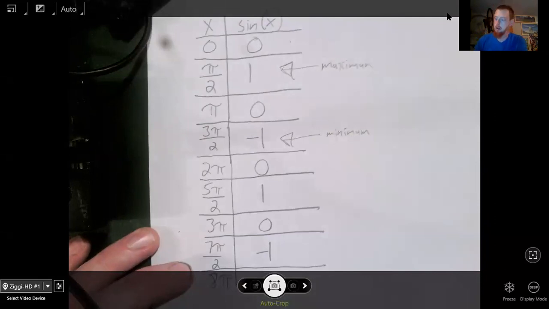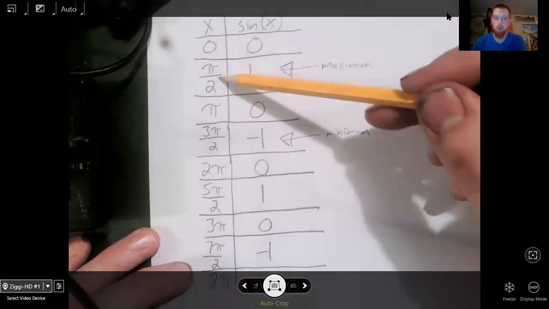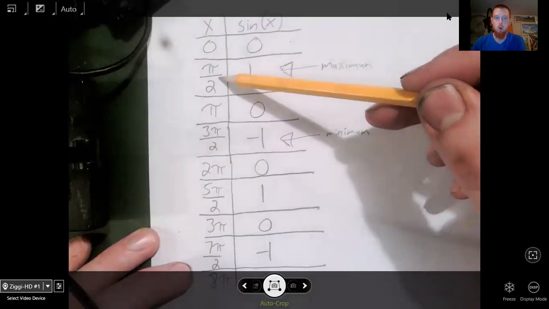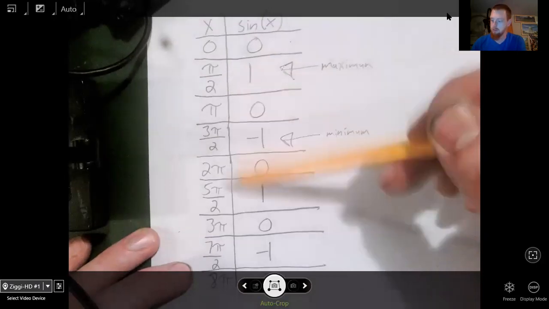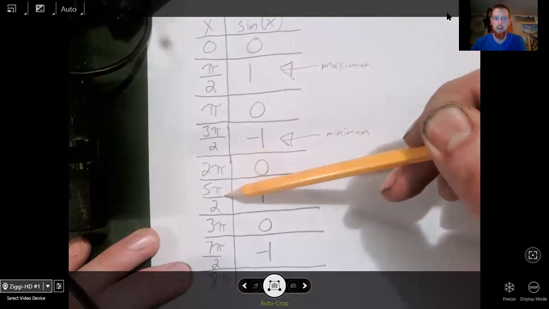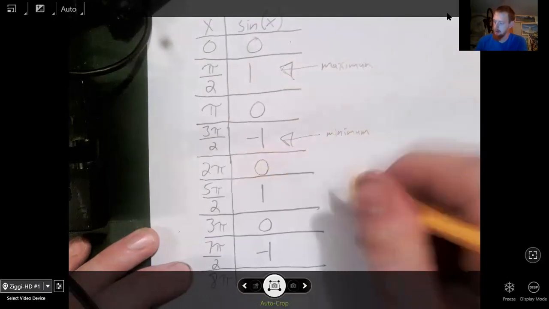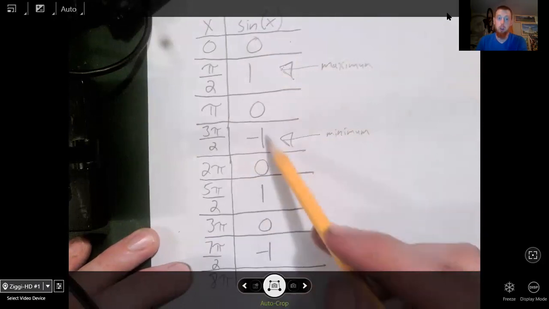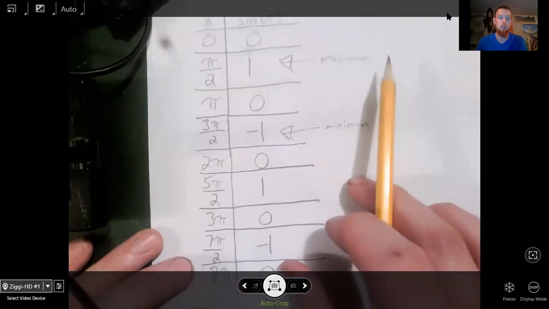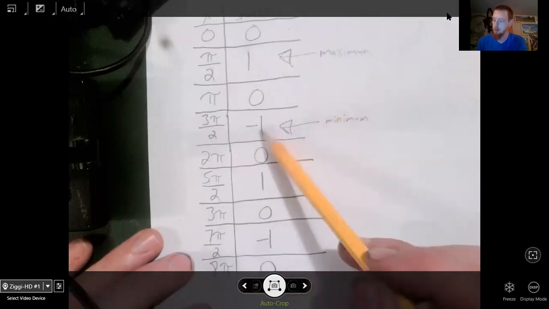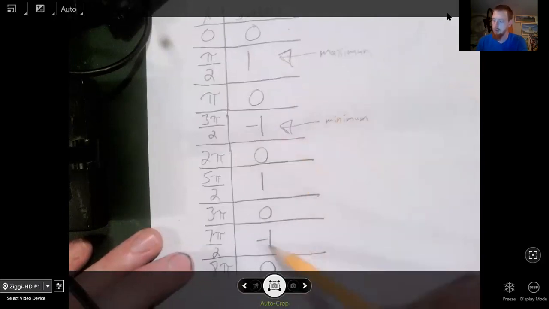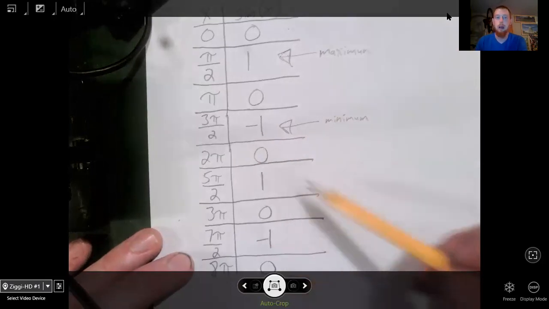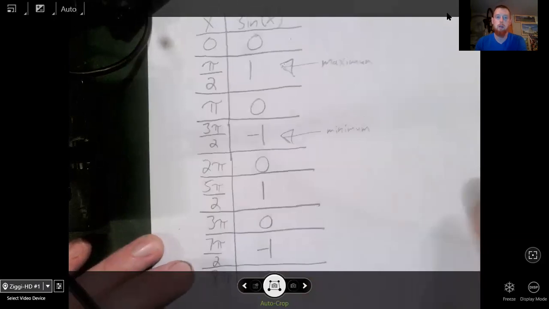If I've gone 1/4 turn, what if I want to go a 1/4 turn and then another full turn? Well, that's plus 2 pi to land at 5 pi over 2, so that gives me another maximum. What if I'm at 3 pi over 2 and I want a coterminal angle after turning another 2 pi radians counterclockwise? Well, 3 pi over 2 plus 2 pi is 7 pi over 2. So every time I travel 2 pi radians, I end up in the same place.